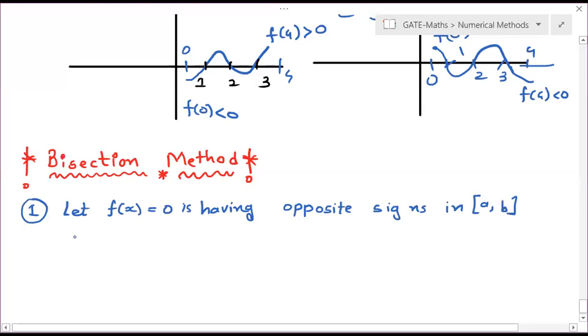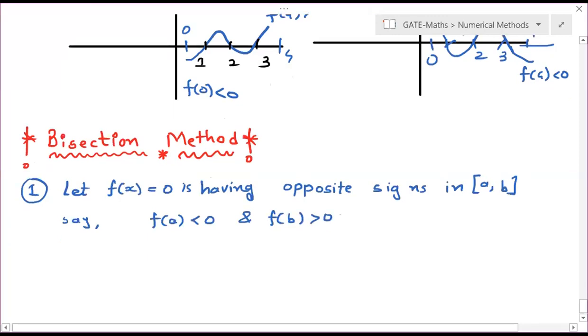Say f of a is less than 0 and f of b is greater than 0.